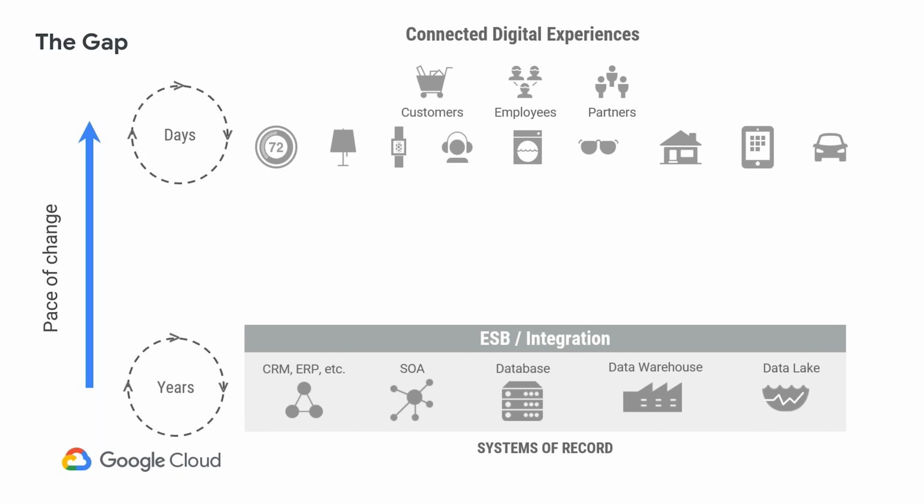They will have ERP, SOA, database, all kinds of systems, and in order to integrate with each other, they would use some ESB or integration layer, like a service bus architecture, so that all the different components can share data and talk to each other.